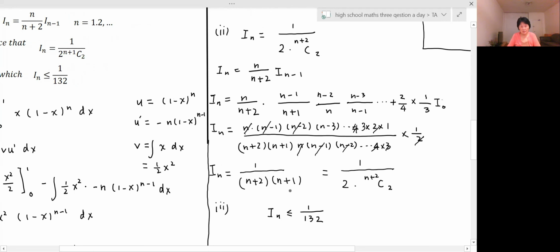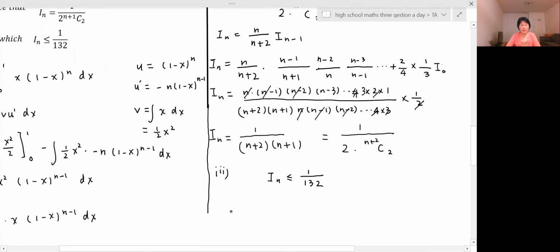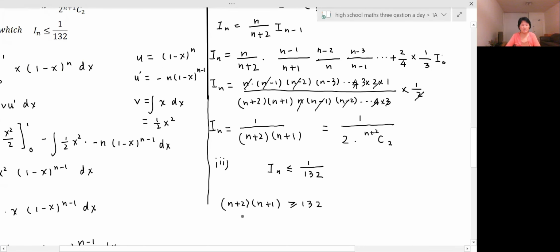This means this part must be larger than or equal to 132. So (n+2)(n+1) is larger than or equal to 132, so n plus 2 must be larger than or equal to 12. 12 times 11 is 132, but this left-hand side has to be larger than or equal to 132. Then I can get n must be larger than or equal to 10.